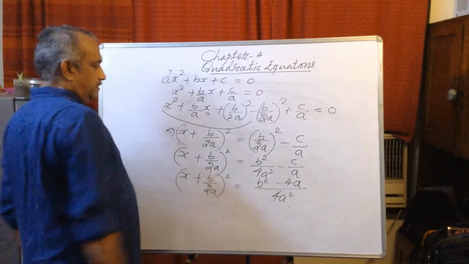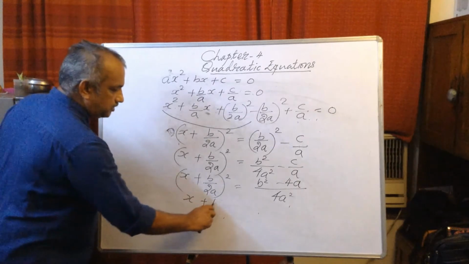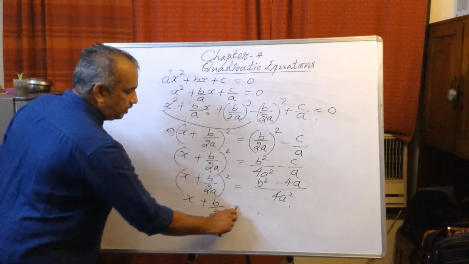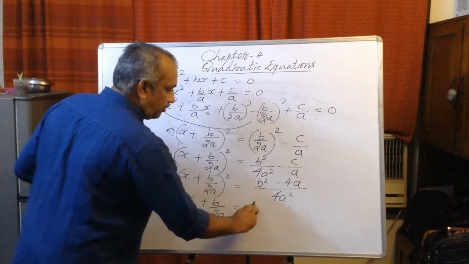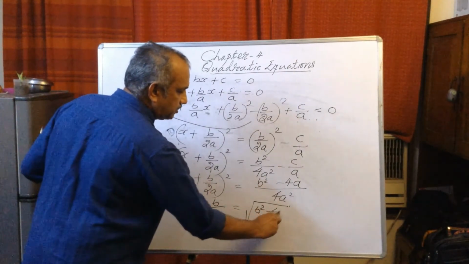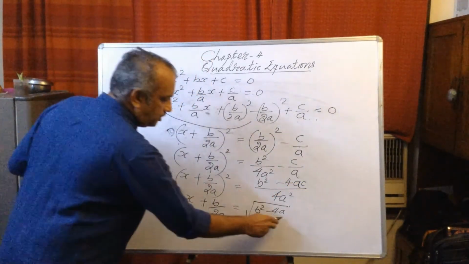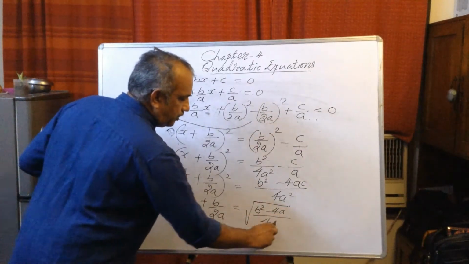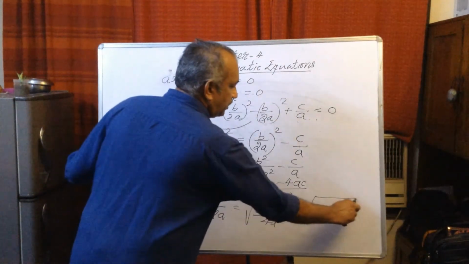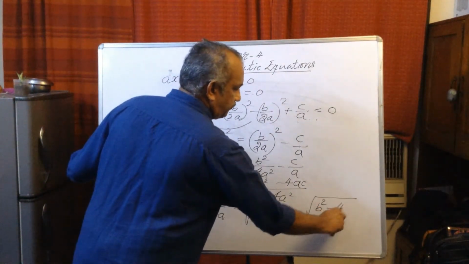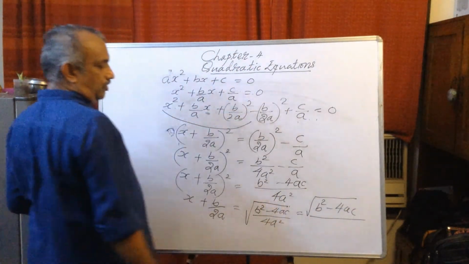Now I am removing the square sign, so it will become x plus b upon 2a is equal to, here the root sign will come, so square root of b square minus 4ac upon 4a square. Numerator we cannot do anything, the root sign will remain there, b square minus 4ac upon square root of 4a square.